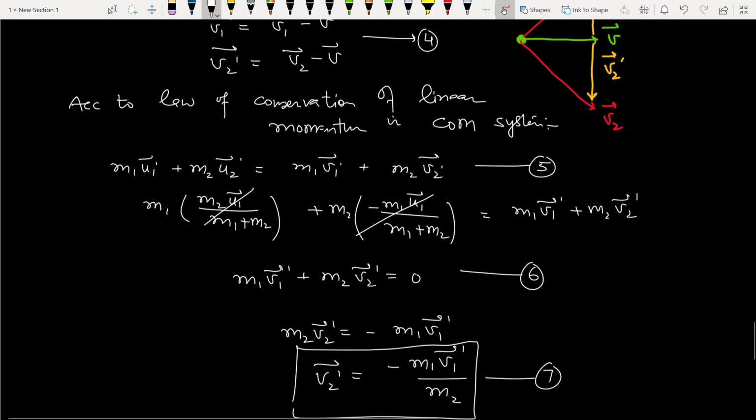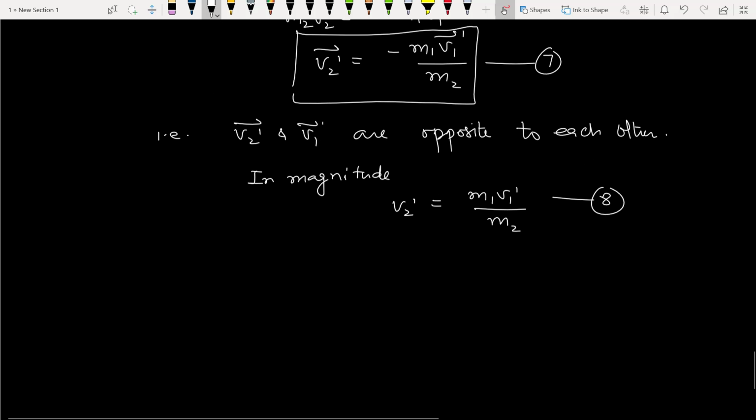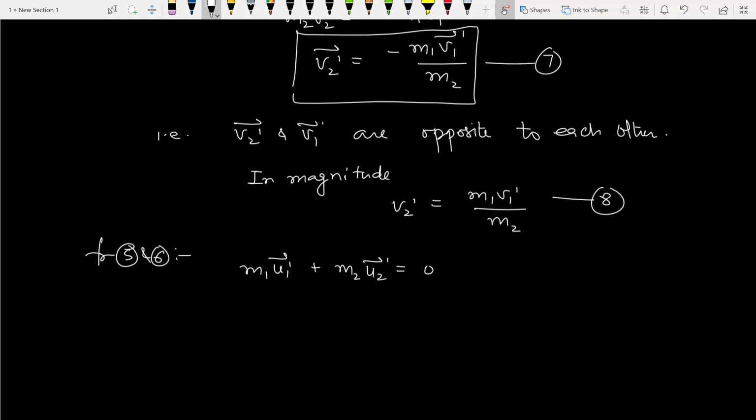So from 5 and 6, we get m1 u1 dash plus m2 u2 dash is equal to 0. So m2 u2 dash is equal to minus m1 u1 dash. So u2 dash is equal to minus m1 u1 dash divided by m2.